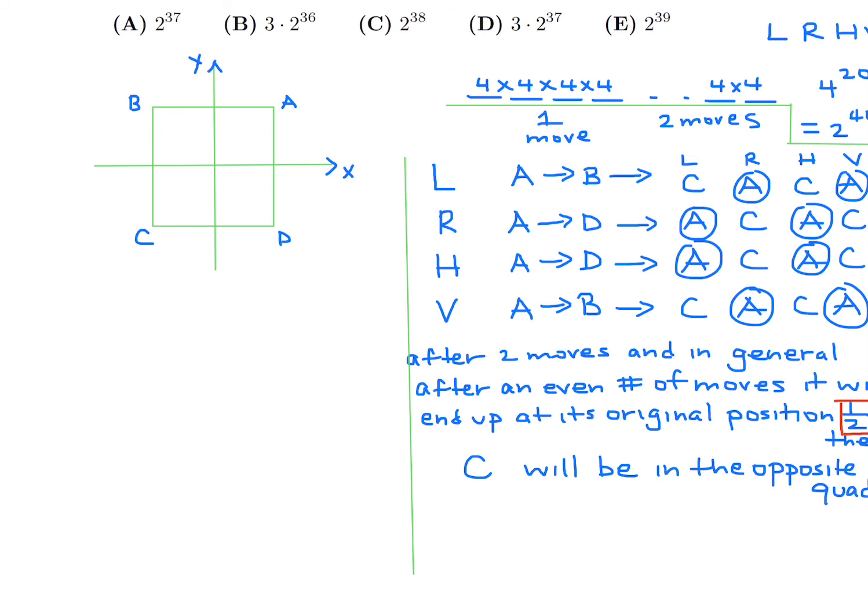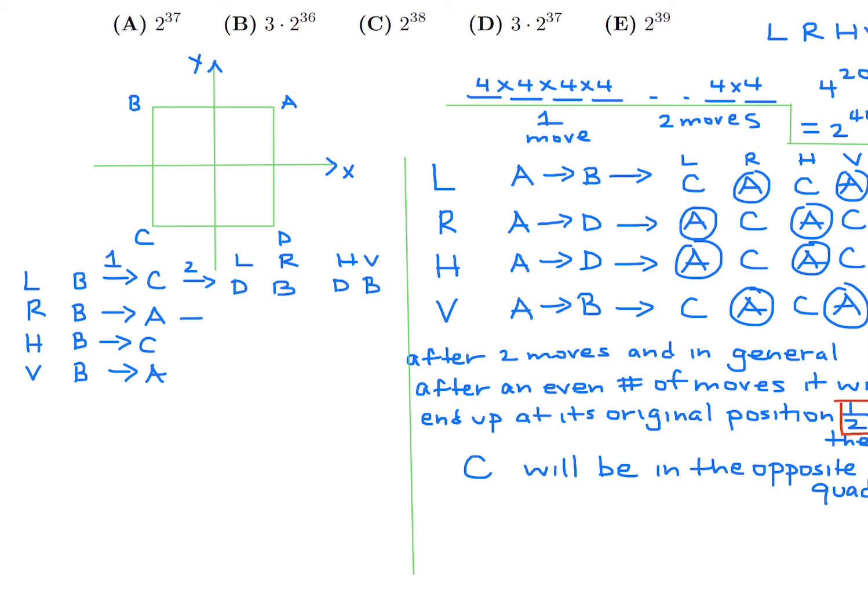So this time for B now, we have L, R, H, and V, and we're going to start and see what happens with B. And I won't talk you through it, I'll just write it out. So B will go to C, B will go to A, B will go to C for this one, and B will go to A. Now that was just the first move. What if I have a second move? And then for the second move, again, it will be L, R, H, V, and let's write it out. C will go to D, B, D, B. A will go to B, D, B, D. C will go, well, that one I've already done.